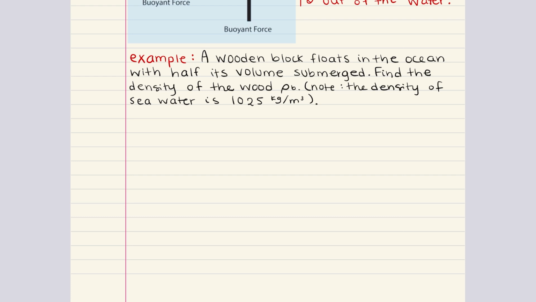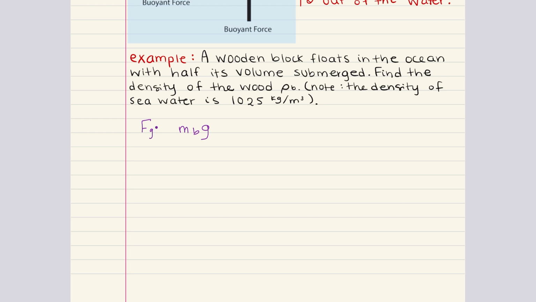Now we start by recognizing a key concept. The weight of an object must be equal to the buoyant force when it is floating. This force is the upward force that's exerted by a fluid, in this case seawater, that allows the block to stay afloat. Now, the first thing we want to do is recognize that the weight of the block is given by its mass multiplied by the acceleration due to gravity.